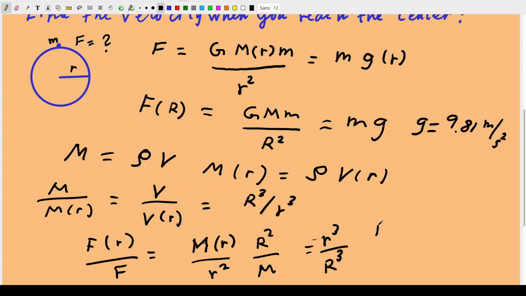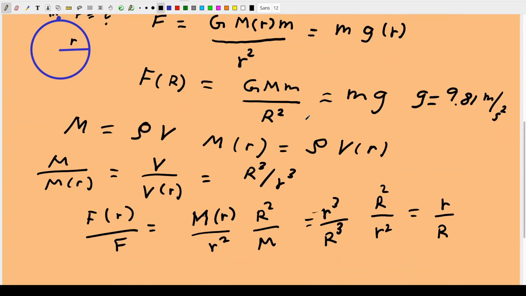And then you have r squared like that, so that's equal to r divided by capital R. Then we know that.